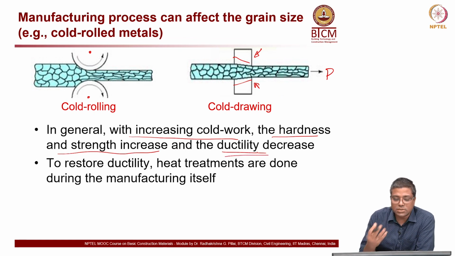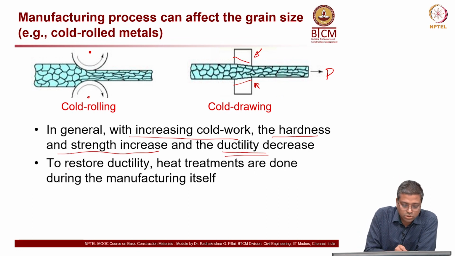So hardness and strength increase, which is probably a good property which you want, depending on the case, but decreasing ductility is usually not a good idea, because then it becomes a brittle material, and brittle material will have catastrophic failure in nature, which we don't want. So we want to maintain that ductility or increase the lost ductility.